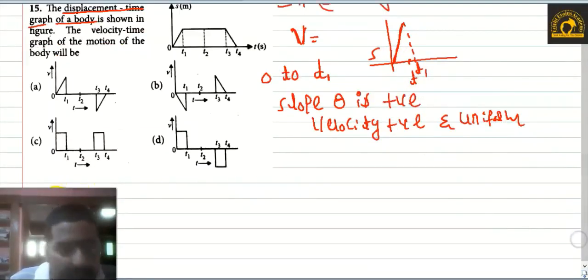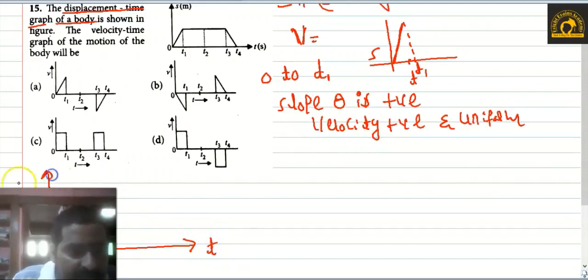Now you have to draw it easier. This is time, this is velocity. The first interval of time is t1. In t1 the velocity is positive, up to the t1 time.